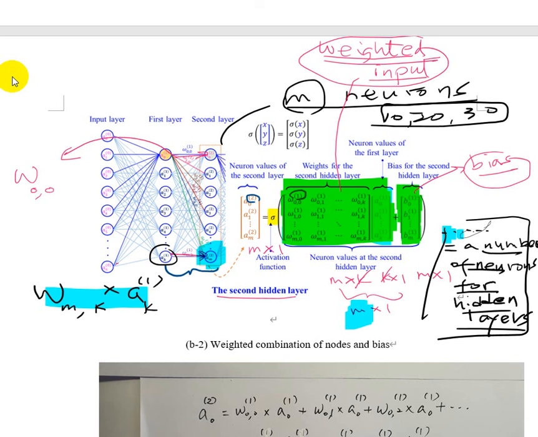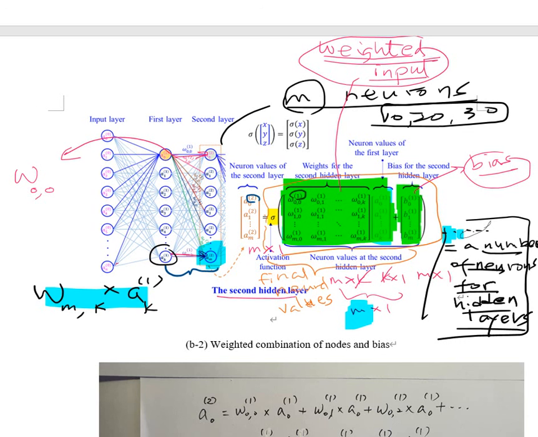Whatever they are, you have sigma here. When the function value goes through the activation function, what comes out are the final neural values.